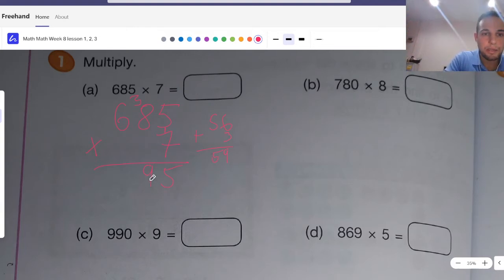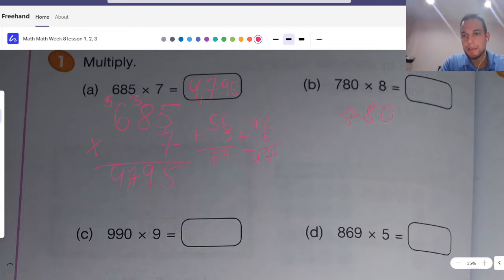So we have our 9 here, and we carry the 5 over here. 7 times 6 is 42, plus 5 is 47. So we have 4,795. Perfect.